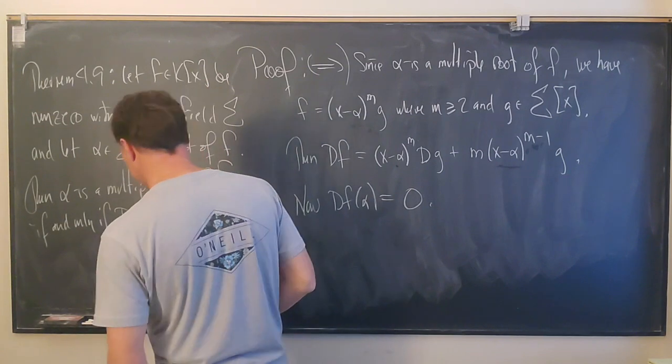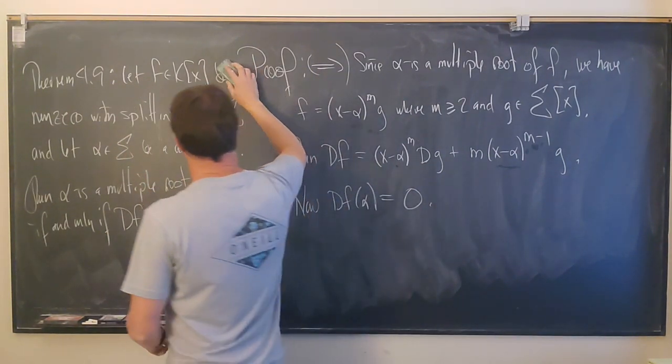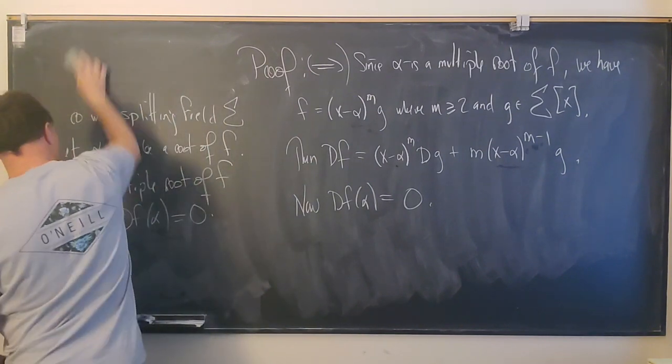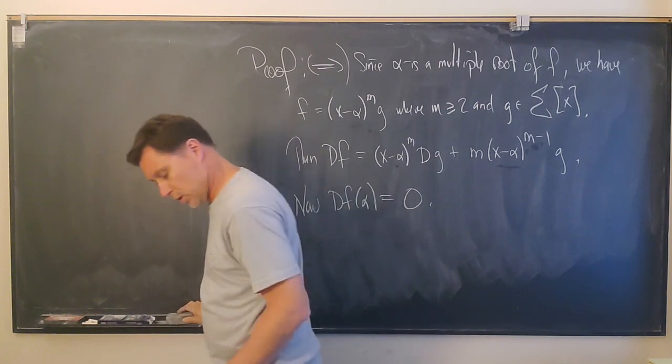In the reverse direction, we assume that the derivative of f evaluated at alpha is equal to 0, and show that we've got a multiple root.